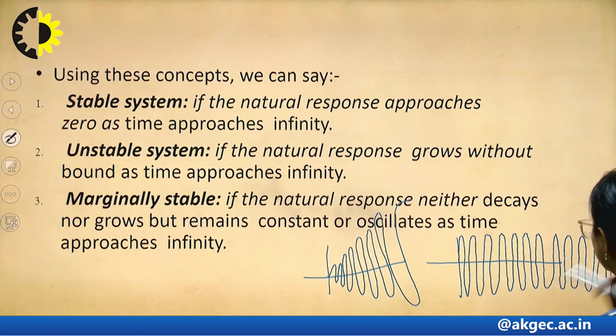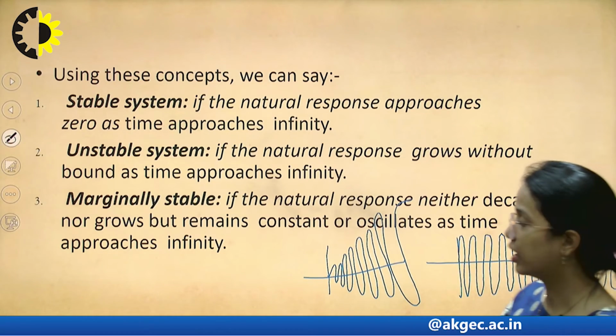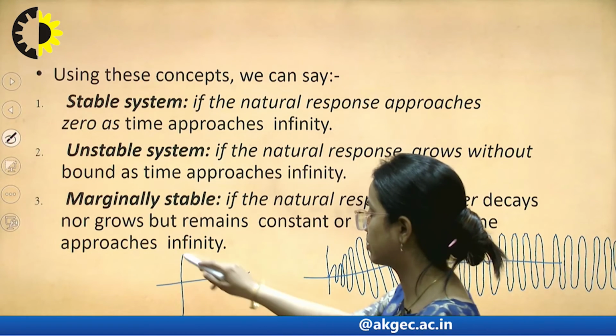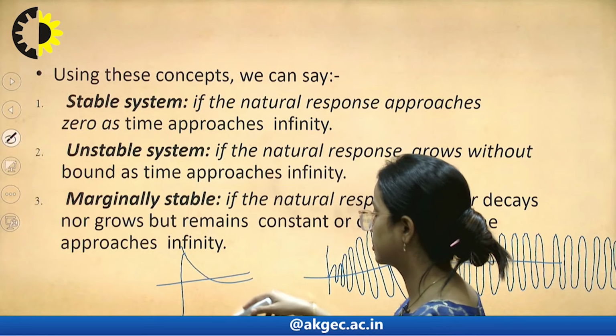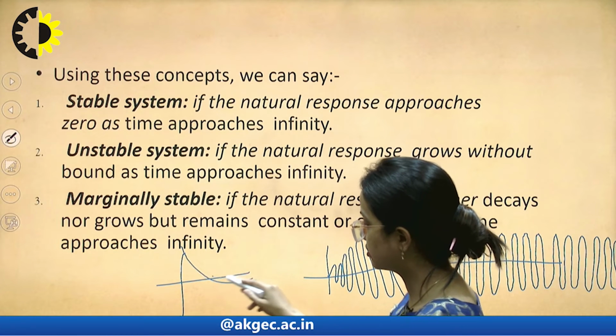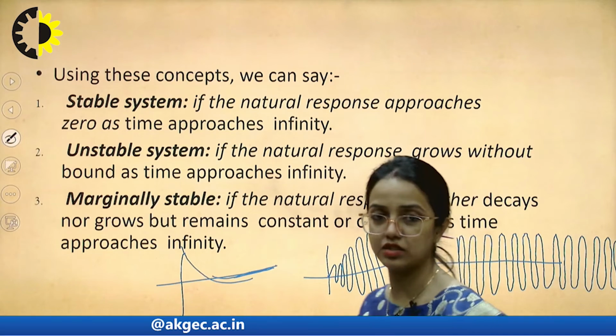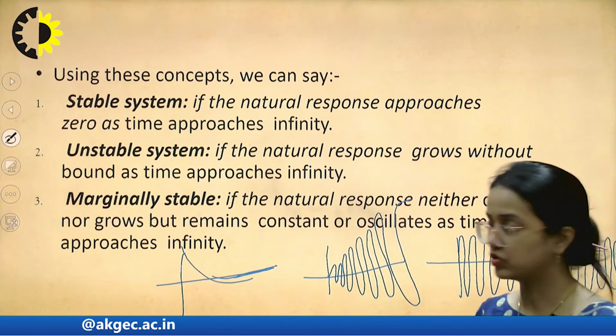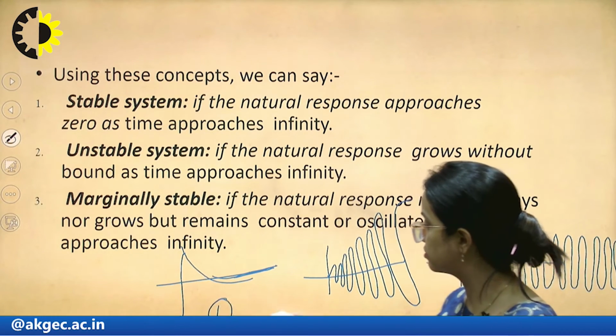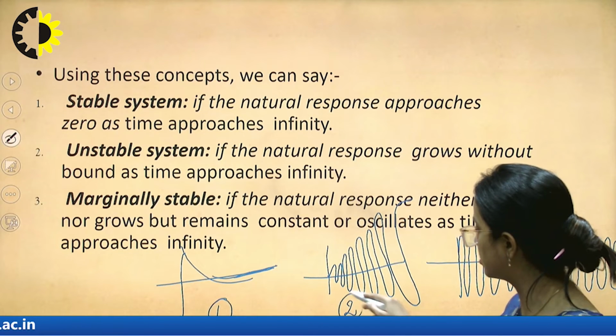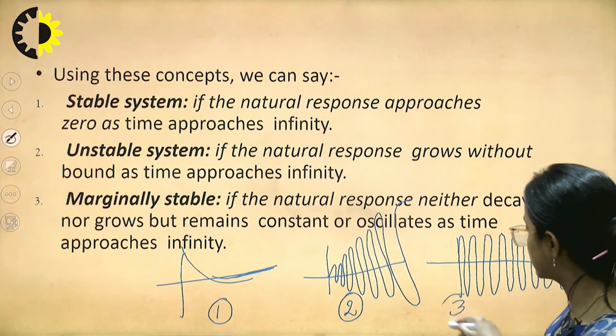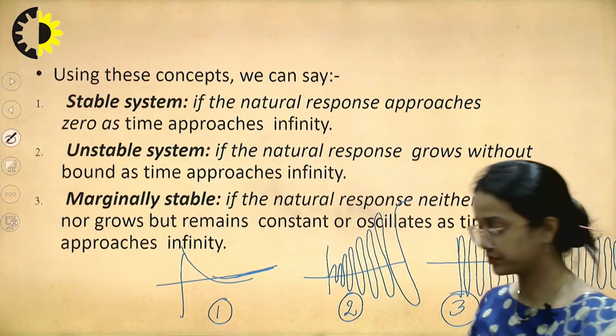So this is called a marginally stable system. And let me draw a stable system as well. So this is a stable system. As the time is approaching infinity, the output is going to 0. So this is the first case, stable system. Second case, unstable system. And the third case, marginally stable system.